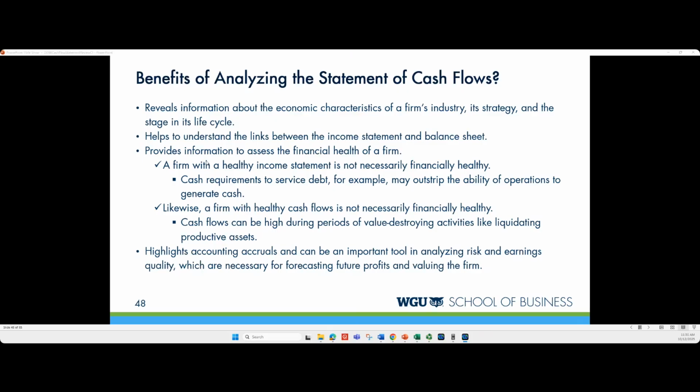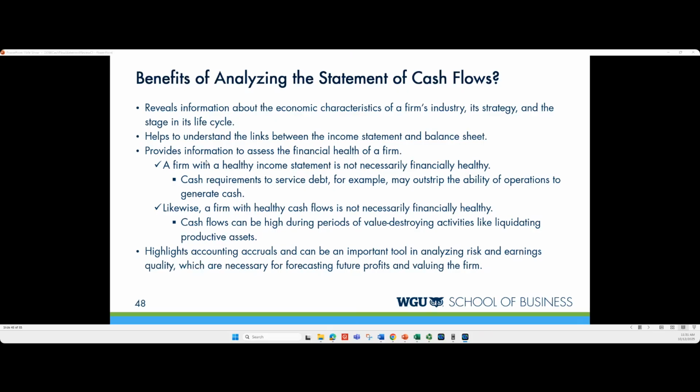Another thing that might come up is that even though our cash flows are healthy, it may not be that the firm is healthy. For example, if we see a lot of activity in our cash flow from investing that's generating cash flow from the divesting of assets, that's a red flag that something else is happening with the company.